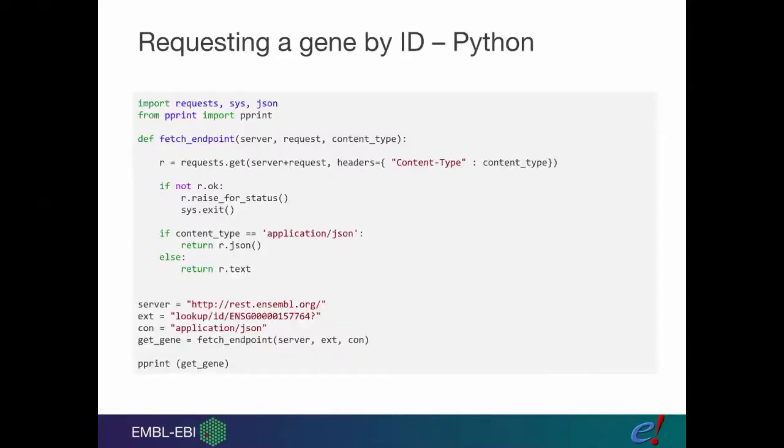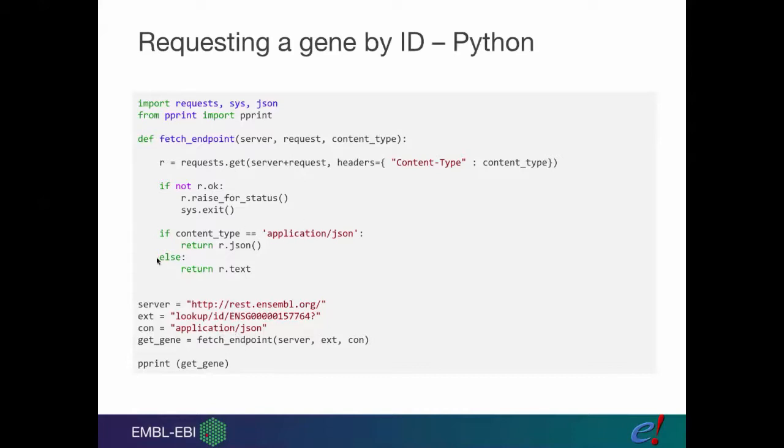So here's an example of a script that requests the gene by ID in Python. This part of the script uses the requests module of Python to fetch the endpoint. So we have the server, the extension, and the content type defined.